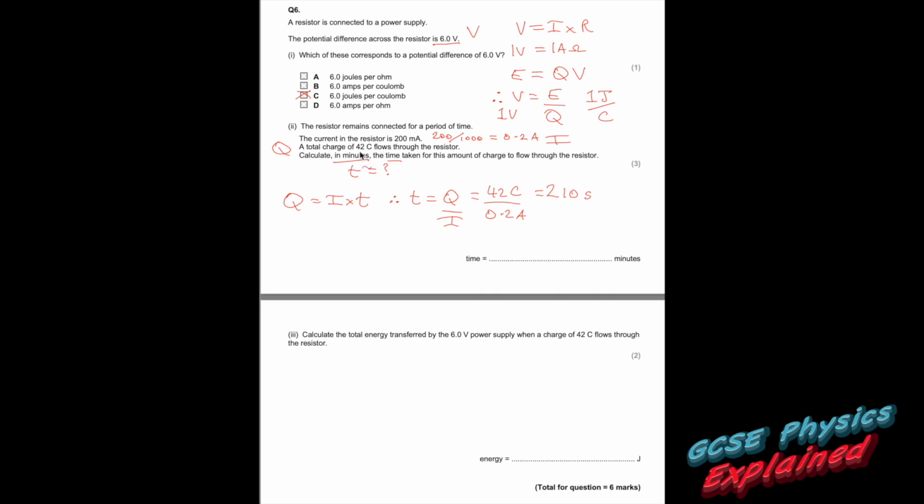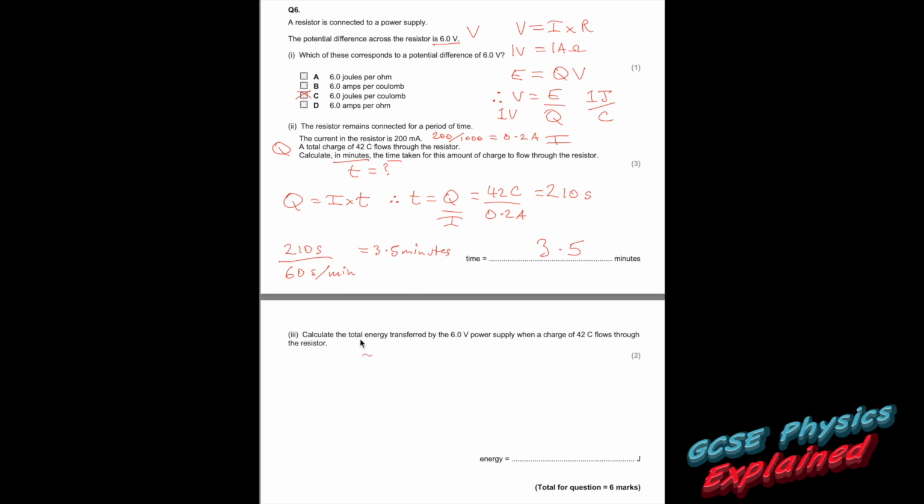Now they want it in minutes, so we divide 210 seconds by 60 seconds per minute, and that tells us how many minutes there are. So that's 3.5.